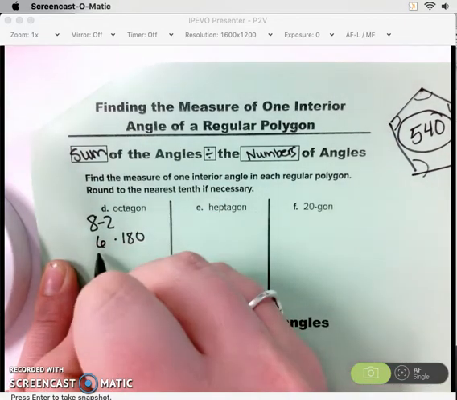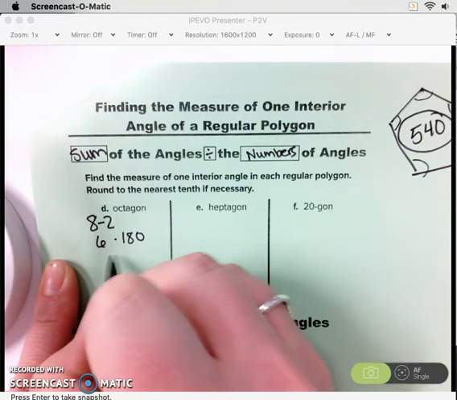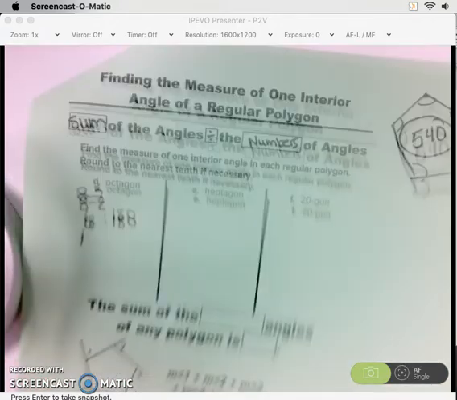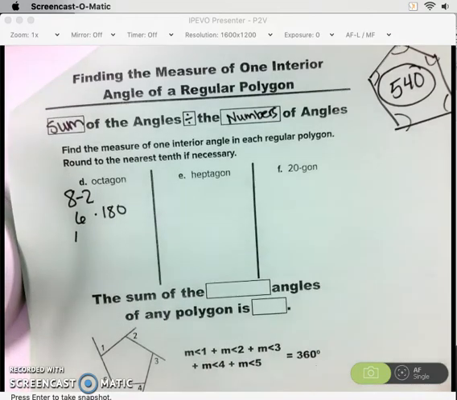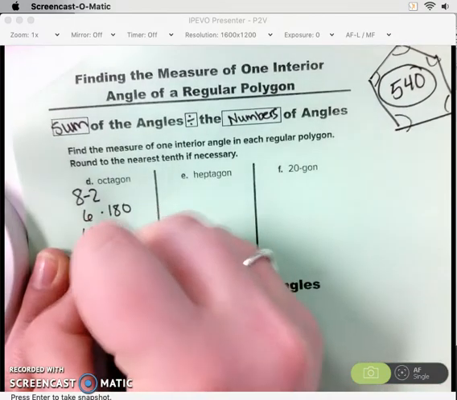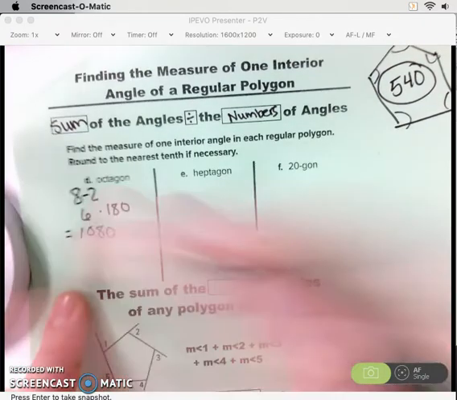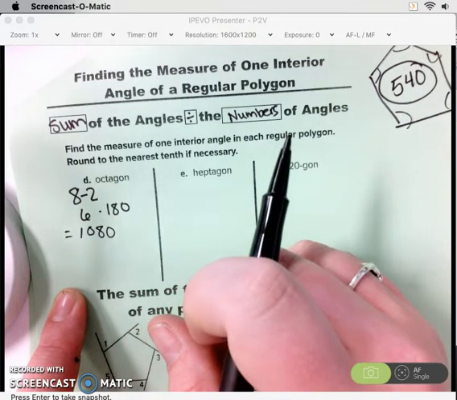We get, is it 720 or 1,000? 1,080? Yeah. Okay, so the sum of the interior angles of an octagon is 1,080.